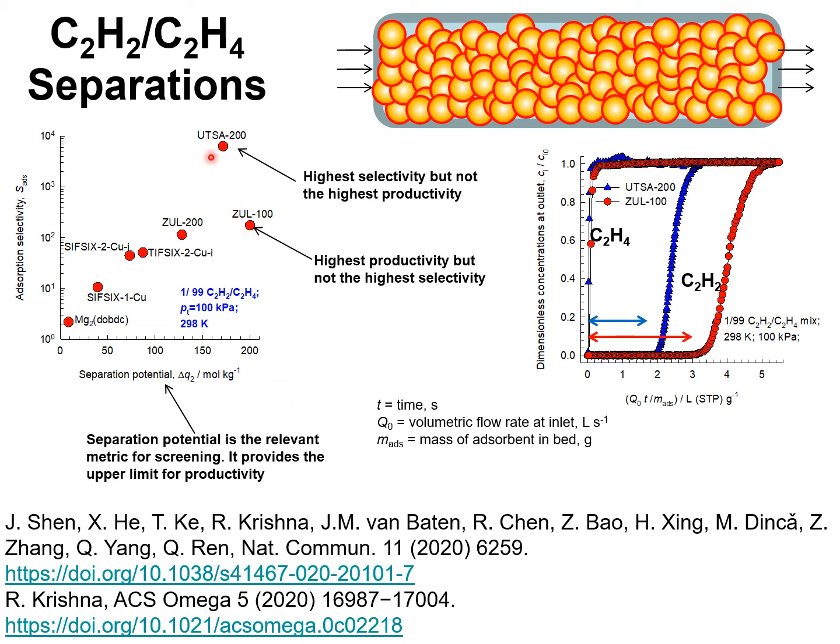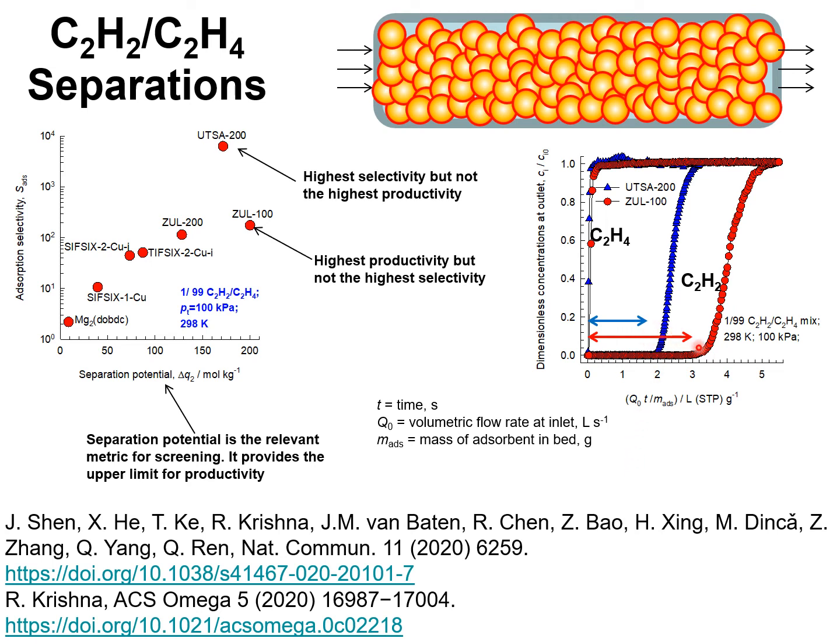In order to confirm this hierarchy of productivities predicted by the IAST, let's return to the experimental data for ZUL100 and UTSA 200 for breakthroughs in a breakthrough tube.